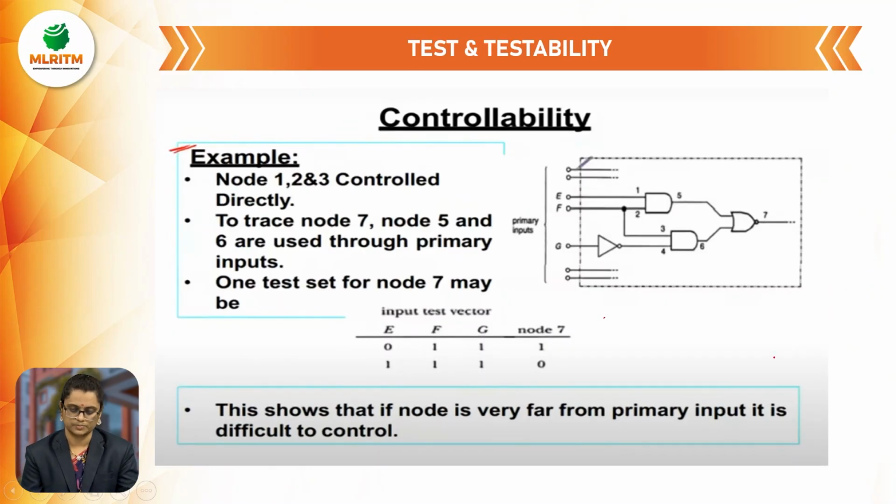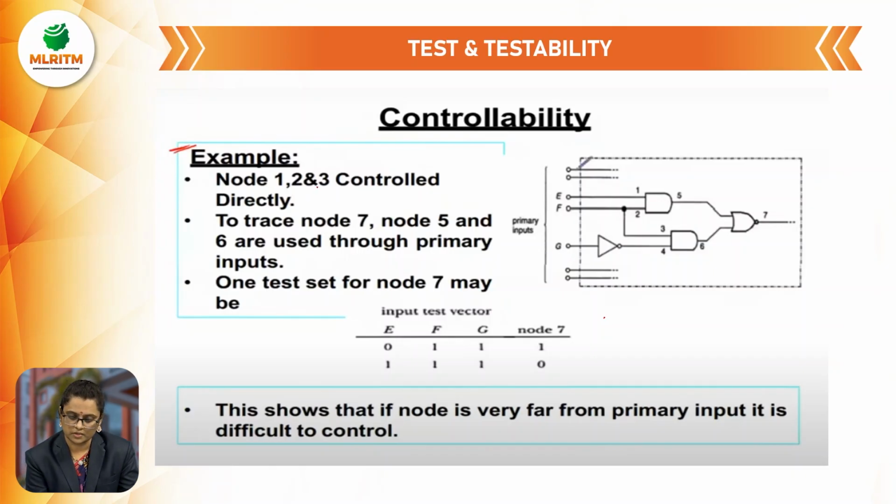So here I will explain with an example. Here I am taking a circuit. E, F, G are the primary inputs and node 7 is the primary output. 1, 2, 3 and 4, 5, 6 are the internal nodes of the circuit. For getting the output 7, E, F, G are the main primary inputs.